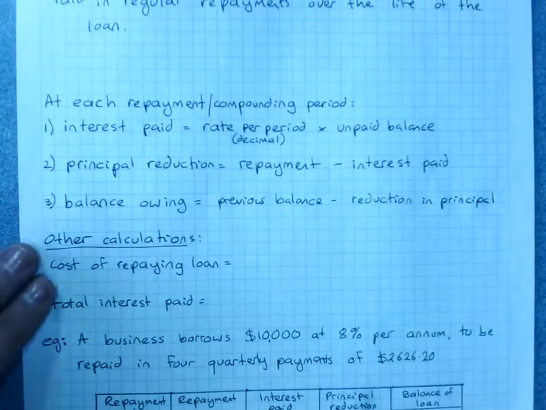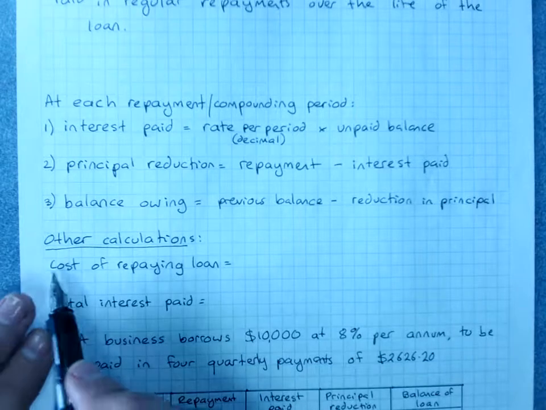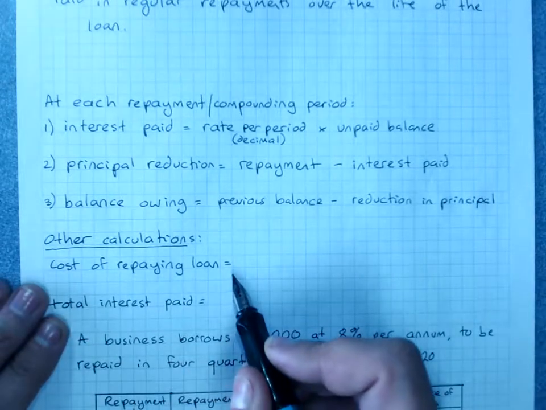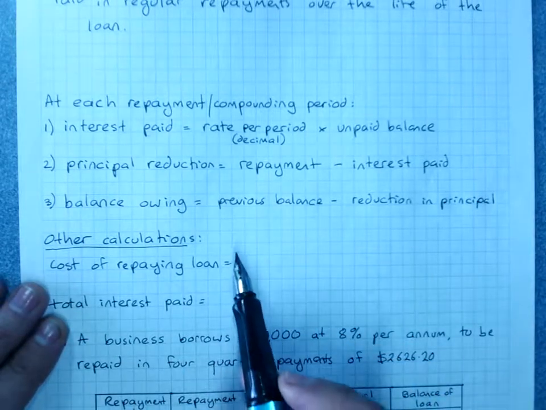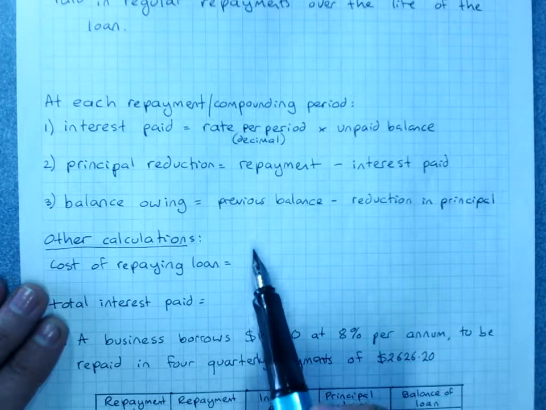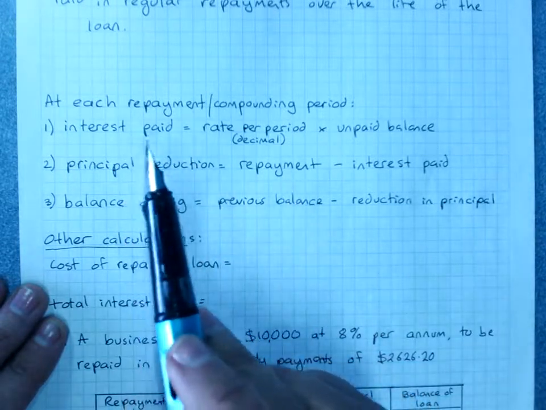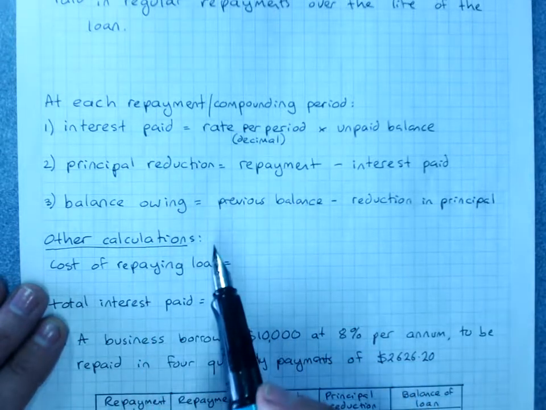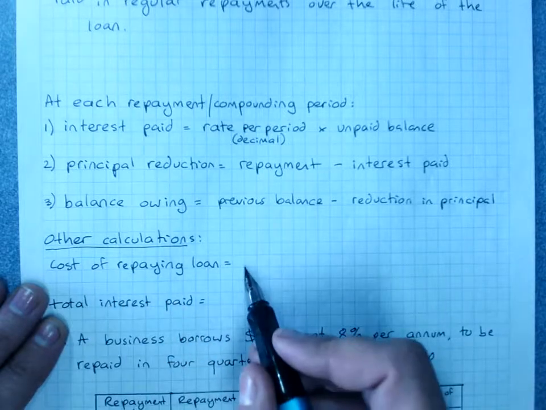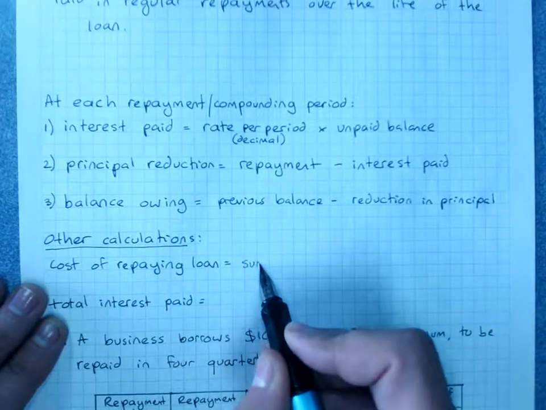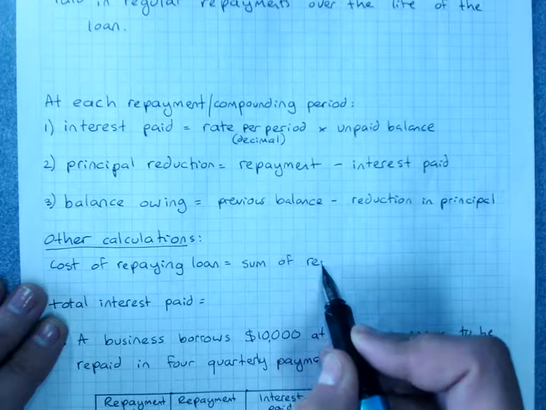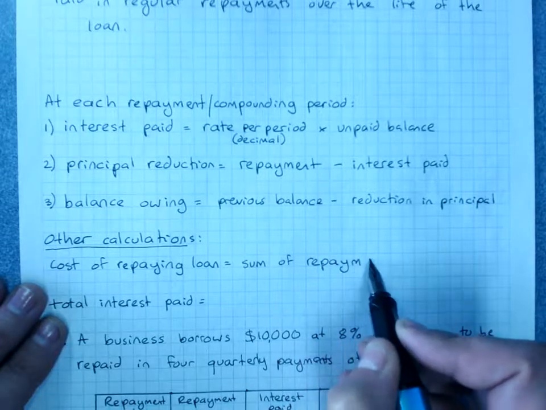Other calculations we might want, the cost of repaying the loan can be calculated two different ways. You can add the principal and all the interest that was paid, or you can just add up the total of the repayments, so the sum of the repayments, because that's the easiest way.